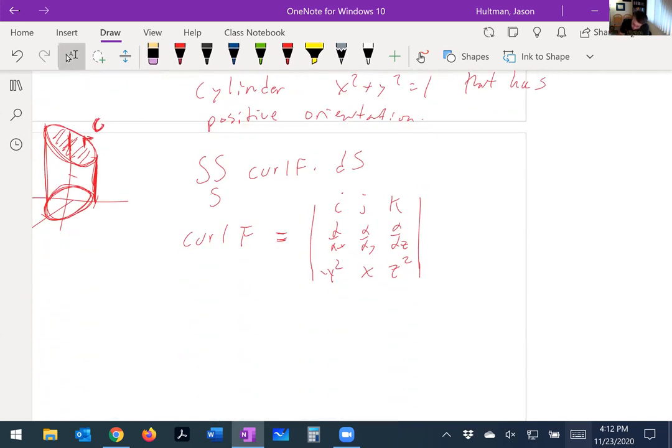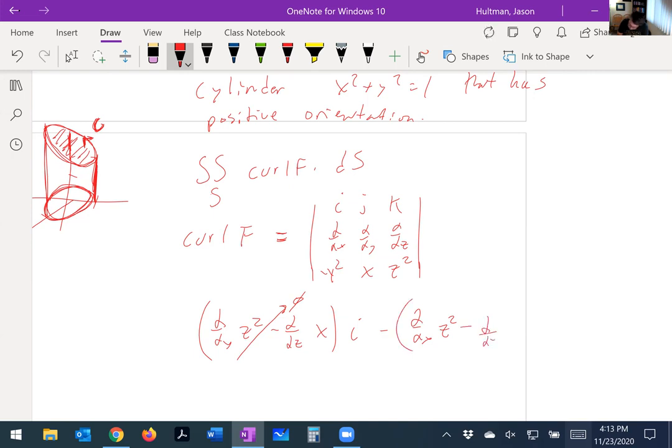Cross off i, the first row, first column, and we get d/dy of z squared minus d/dz of x, and the whole thing goes to 0.